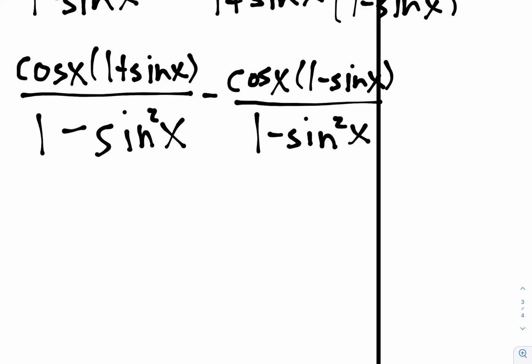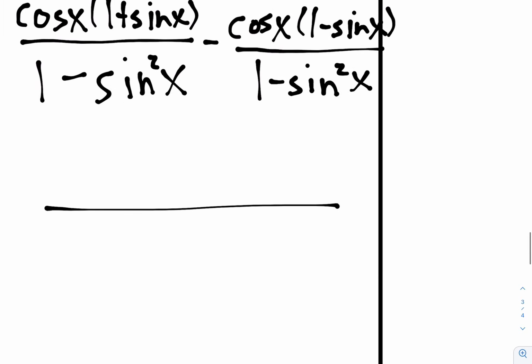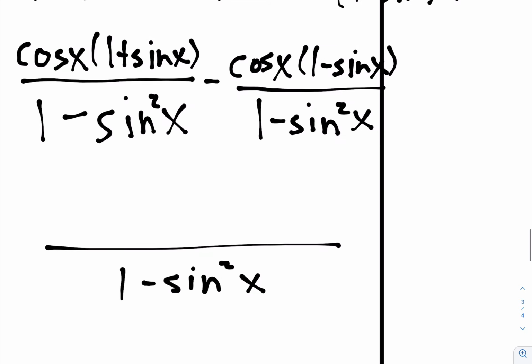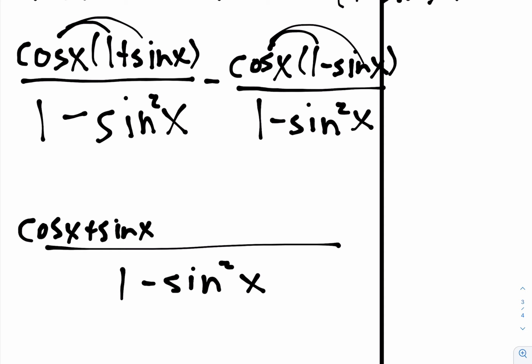Now that the denominators are common, we can just write this as kind of one giant fraction with that denominator, and then I'm going to distribute this cos x into everything here. So it's going to be cos x plus sine x cos x. Okay, and then we got minus cos x.